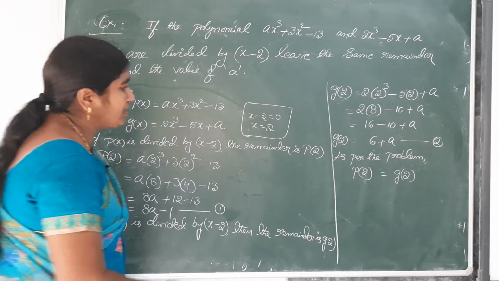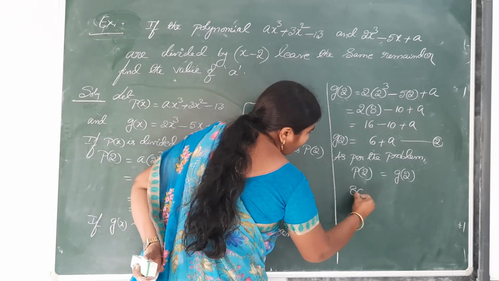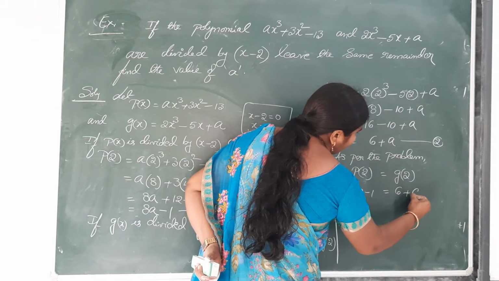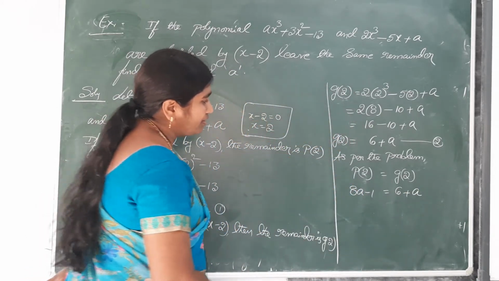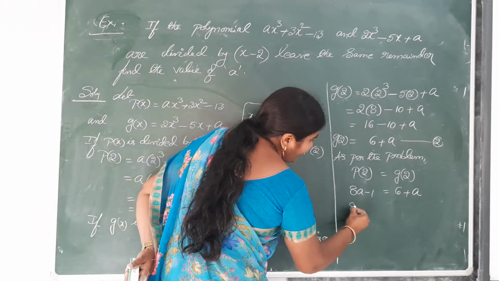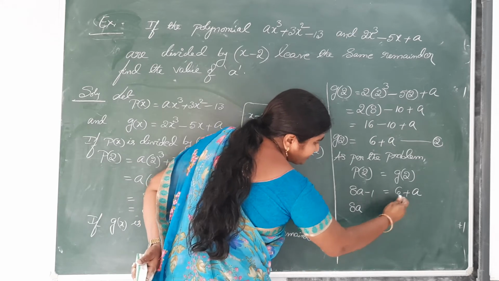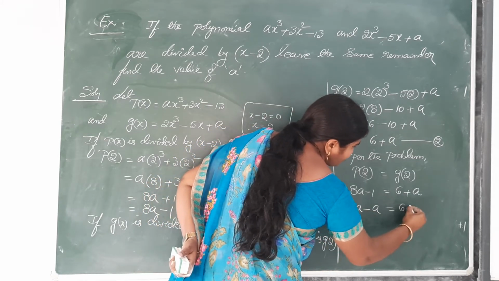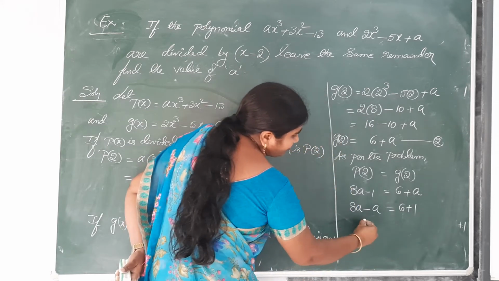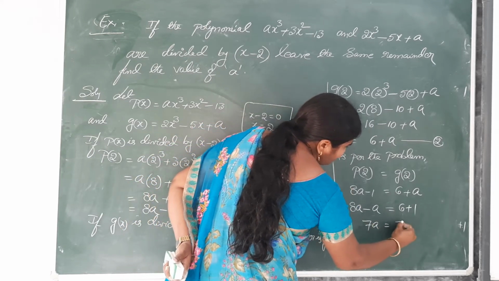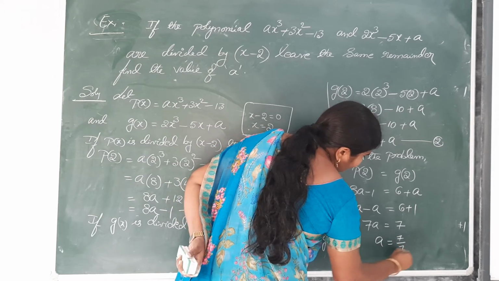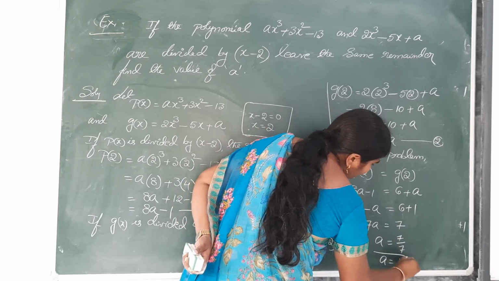Here p of 2 value is 8a minus 1, that equals g of 2 value 6 plus a. That is 8a minus a equals 6 plus 1. 8a minus a equals 7a equals 7. We get a equal to 7 by 7, a equal to 1.